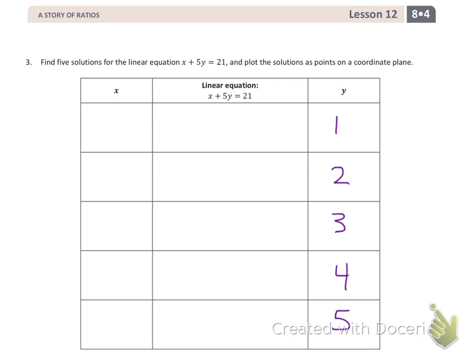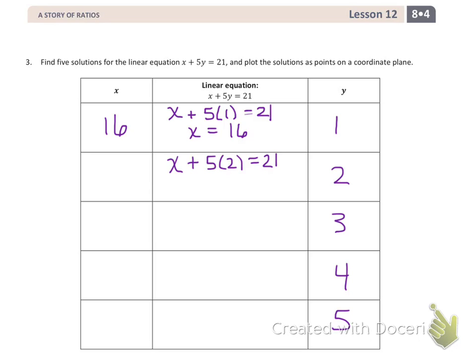So if y is 1, then I end up with x plus 5 times 1 is equal to 21. Subtract 5 from both sides, and I get that x is equal to 16. Okay, and so on for these. So if y is 2, then I get x plus 5 times 2 is 21.